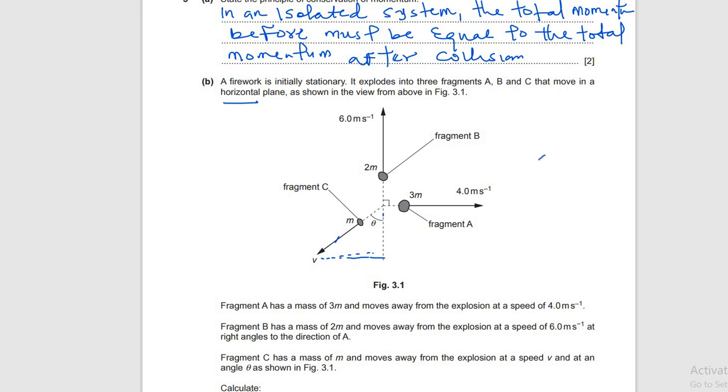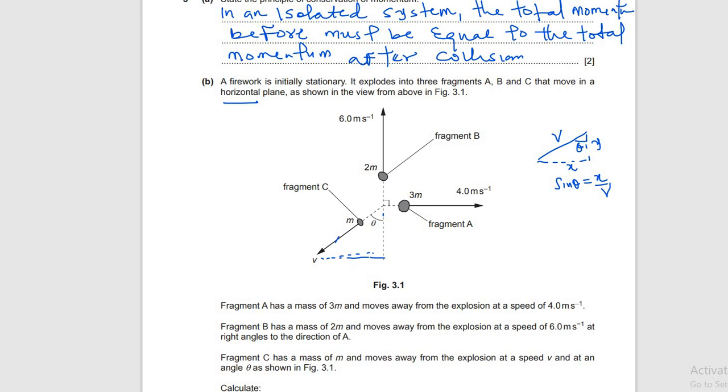Let me draw a skeletal diagram for fragment C. It looks like this. This is theta. This is V. This is horizontal direction, vertical direction. So sine theta equal to opposite over hypotenuse.